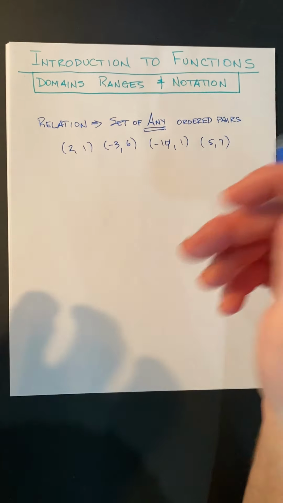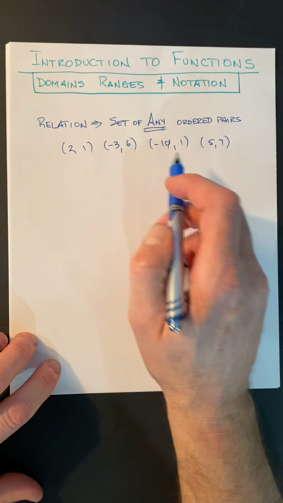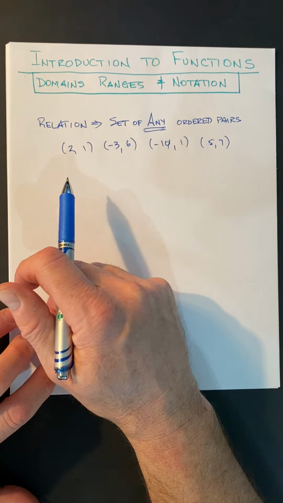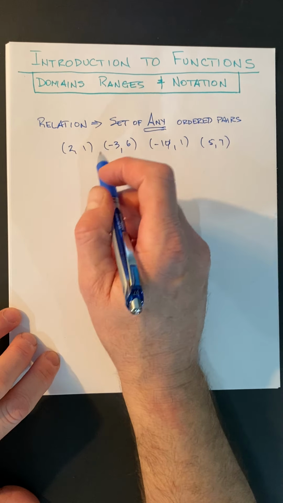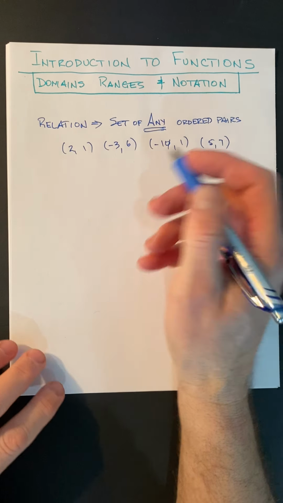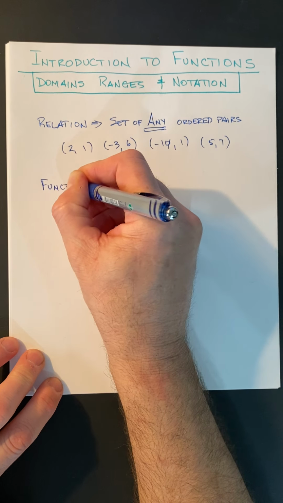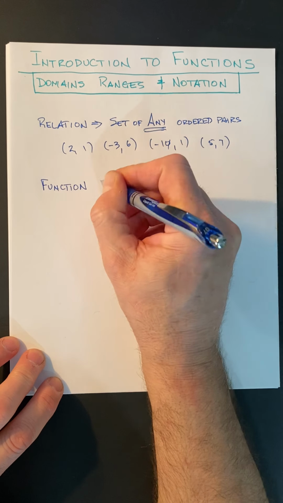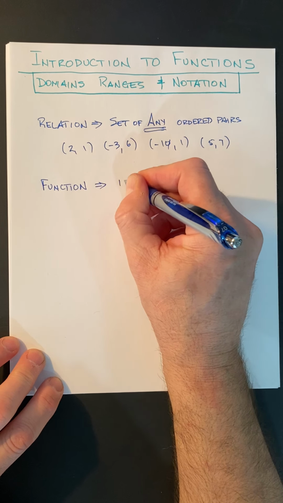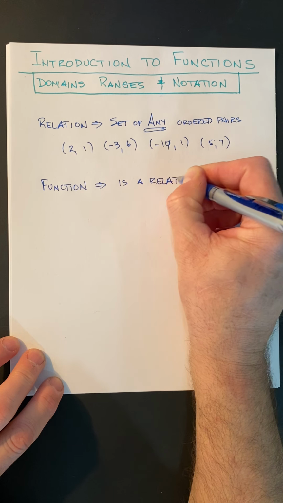It's just a random collection. Now, it could be something applicable to a line, but a relation covers any set of ordered pairs, okay? So a function, then, a couple of things. A function is a relation, all right?